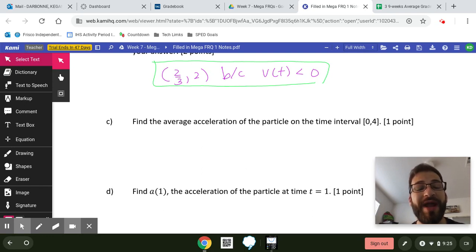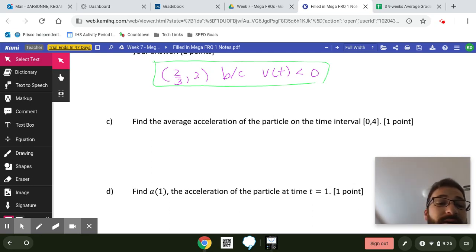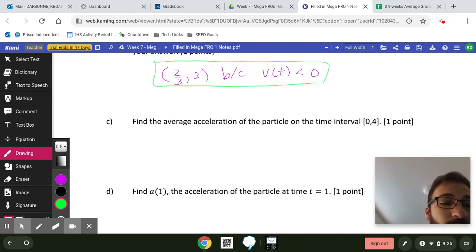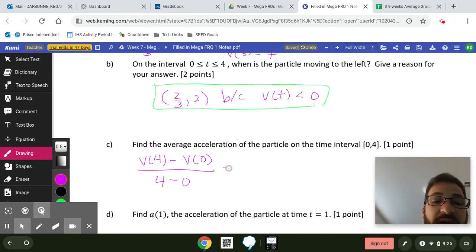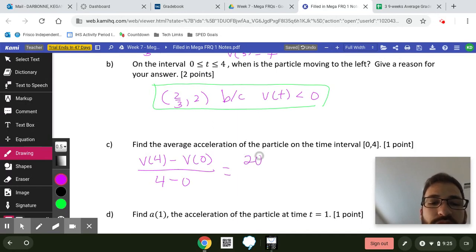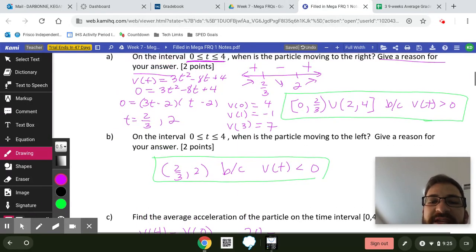Well, we don't have acceleration, and acceleration is the derivative of velocity, so I'm going to use average rate of change for this one. So I'm finding it from 0 to 4, so I'm going to plug in f of b minus f of a over b minus a, so v of 4 minus v of 0 over 4 minus 0. And for v of 4, we get 20. So 20 minus v of 0, we found 4.